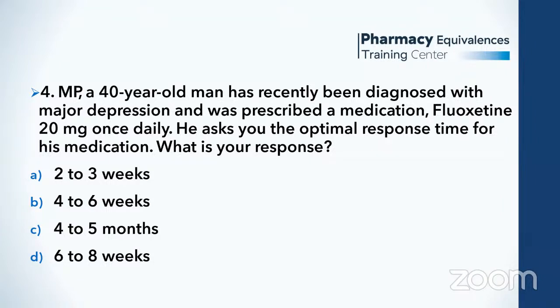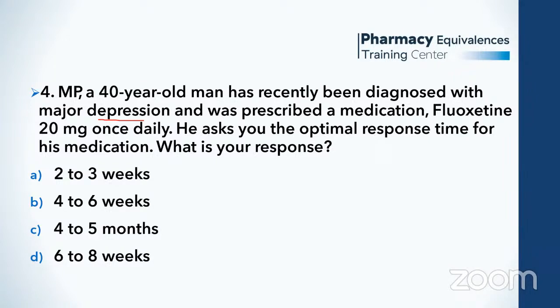MP is a patient of 40 years old, recently diagnosed with major depression. The indication here is major depression. Okay, and was prescribed a medication, Fluoxetine, 20 milligram once daily, and asked you the optimal response time for his medication.